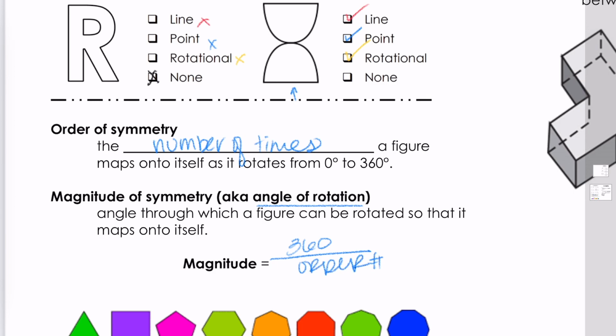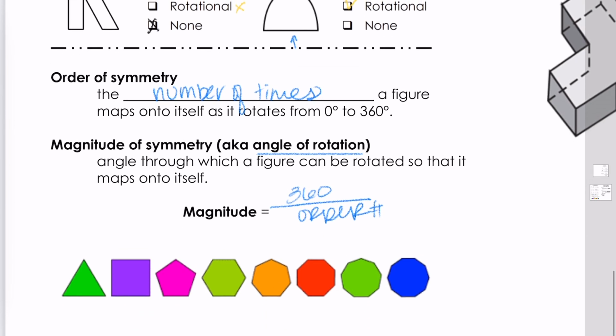So you'll notice this line of regular shapes that we have. We've got our triangle, square, pentagon, hexagon, octagon, nonagon, and decagon. And their order is literally 3, 4, 5, 6, 7, 8, 9, and 10.